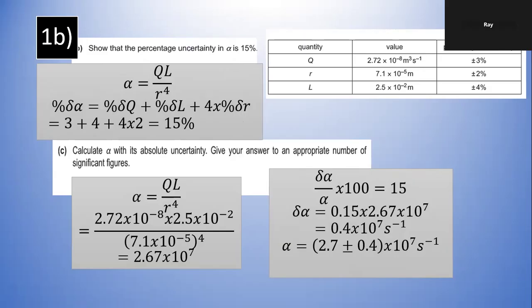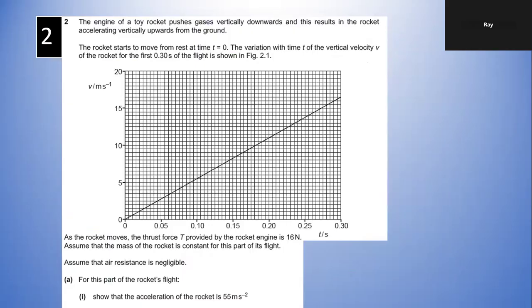Okay. The engine of a toy rocket pushes gas vertically downwards, and this results in the rocket accelerating vertically upwards from the ground. The rocket starts to move from rest at t equals 0. The variation with time t of the vertical velocity v of the rocket for the first 0.3 seconds of the flight is shown in figure 2.1.